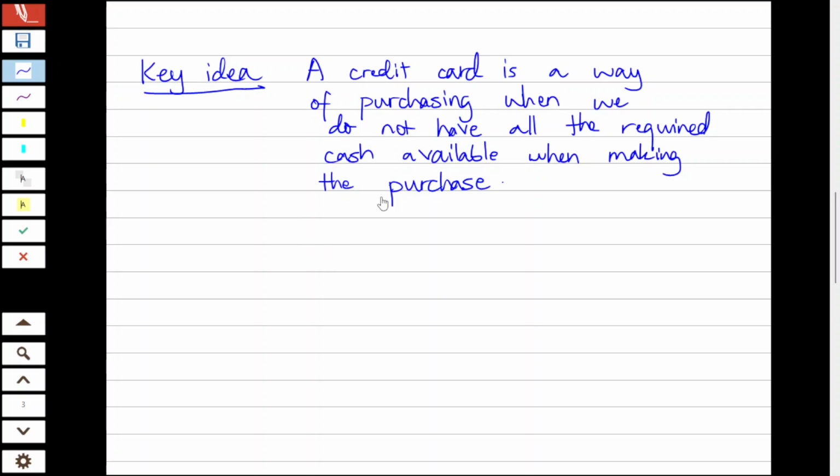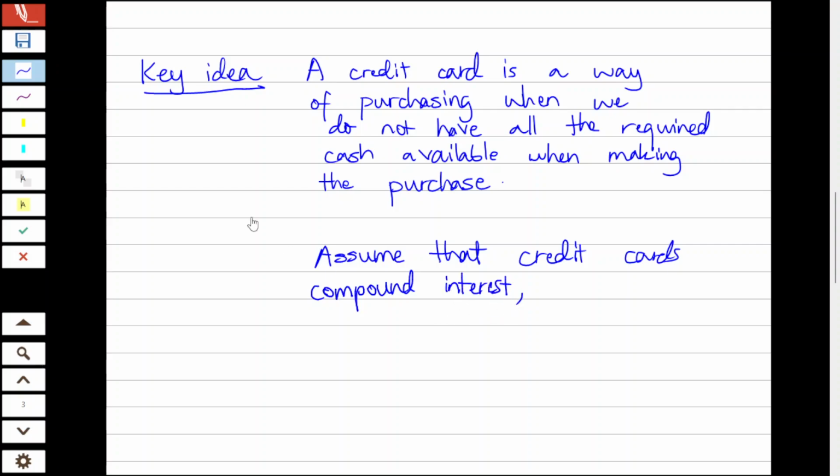When we deal with credit cards, we will assume that credit cards earn compound interest compounded daily.